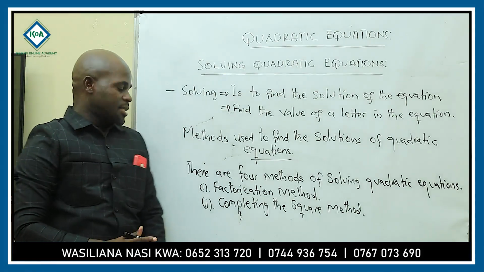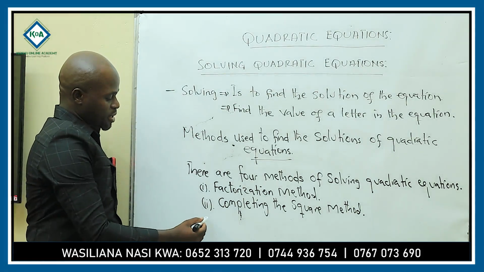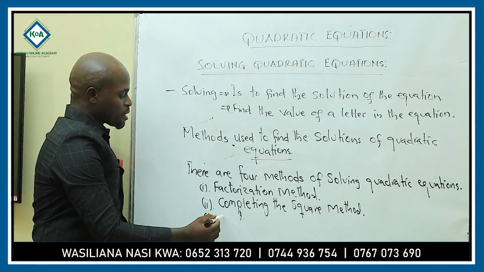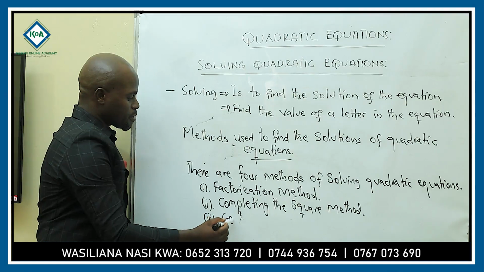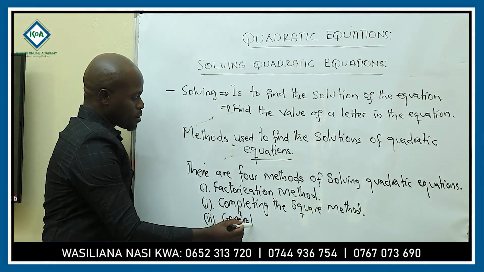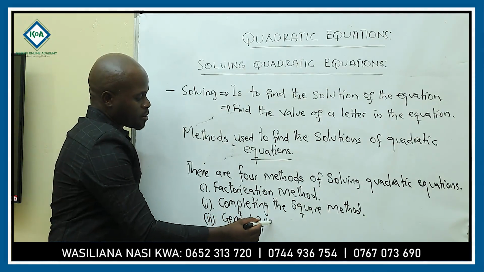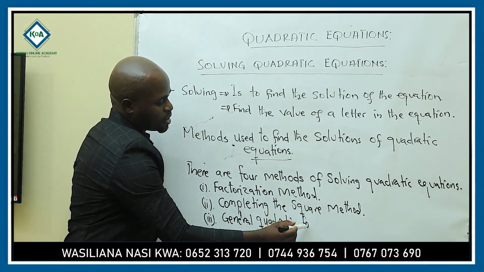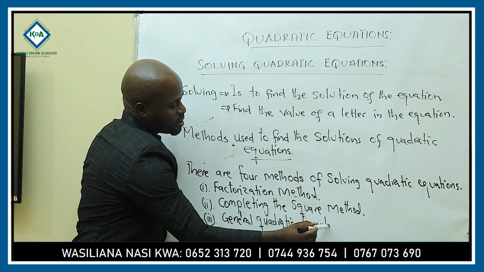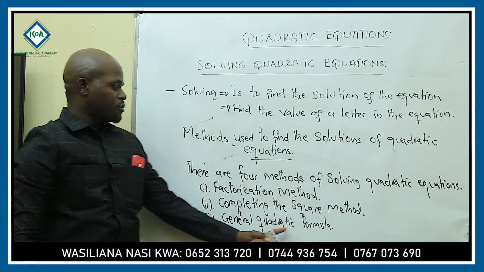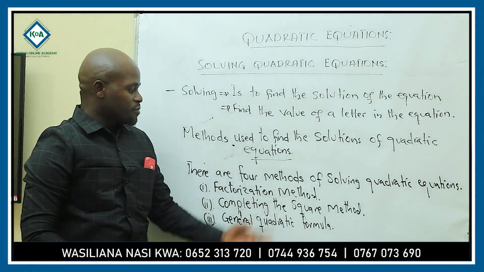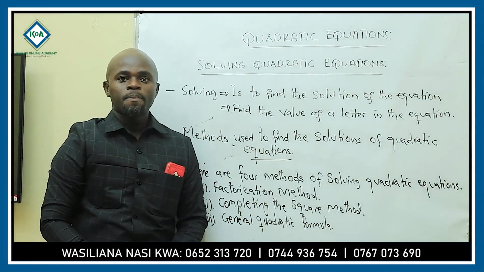But the third one is, instead of completing the square method, you can use another method, which is by using the general quadratic formula. This is another method which is used to find the solution of any quadratic equation.